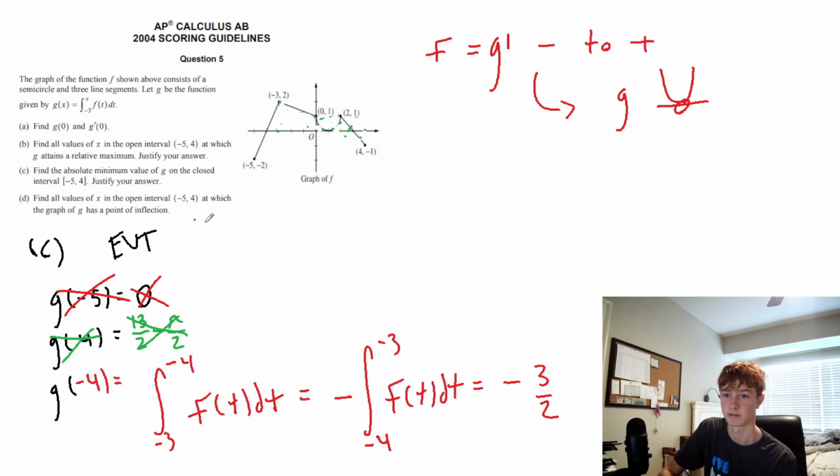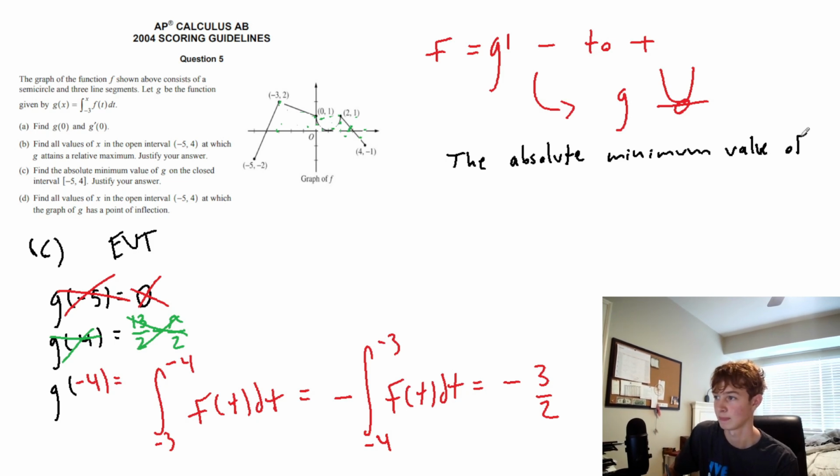So what we're going to write for our final answer, I'll write this in black, is: the absolute minimum value of g. Once again, I'm repeating the words from the question to make sure I'm answering the right thing.